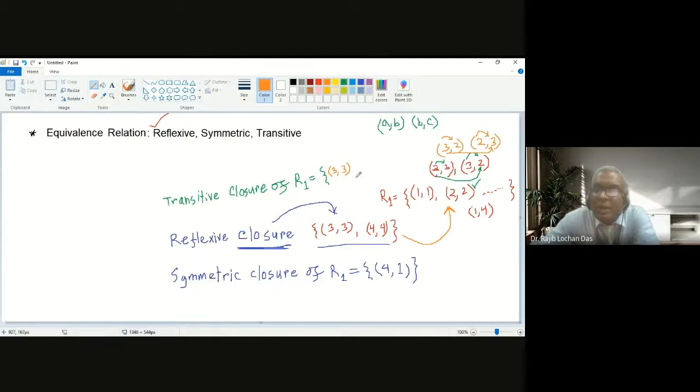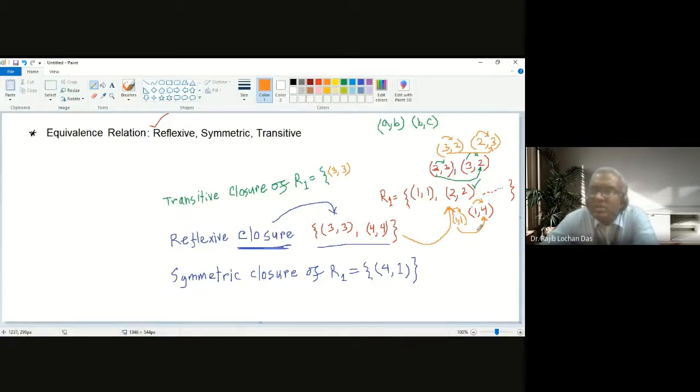Okay. Now check with other pairs. Say one is 1, 4 and another one is 1, 1. Now think about this. If 1, 1 is the first pair and 1, 4 is the second pair, what will be the third pair? The third pair is 1, 4. So is it included?